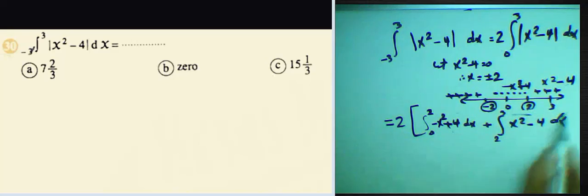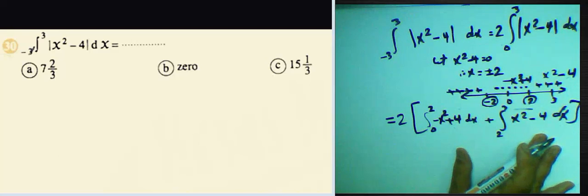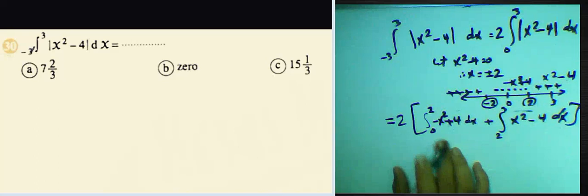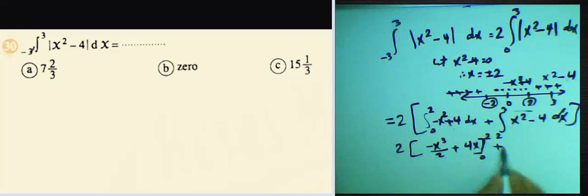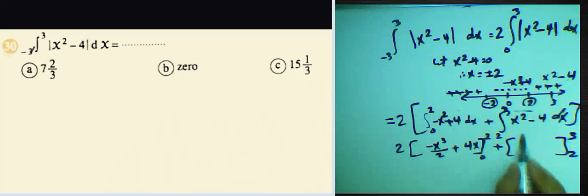dx. And you can find the result by the calculator or by thinking here, add 1 to the power, it will be negative x power 3 divided by 3 plus 4x, the interval from 0 to 2, plus here from 2 to 3 about this function, x power 3 divided by 3 subtract 4x.